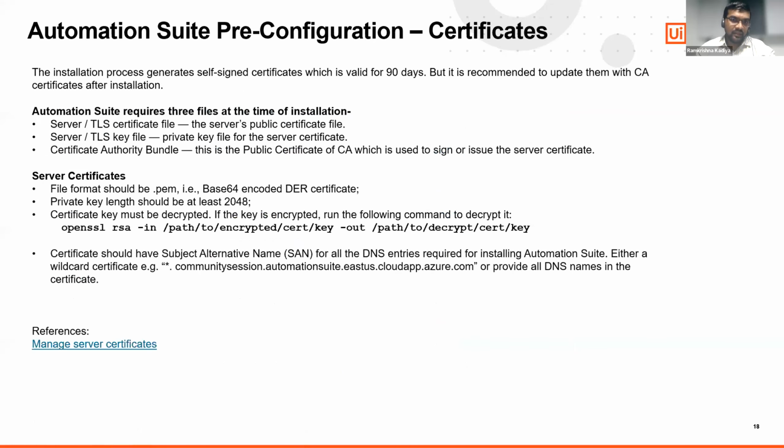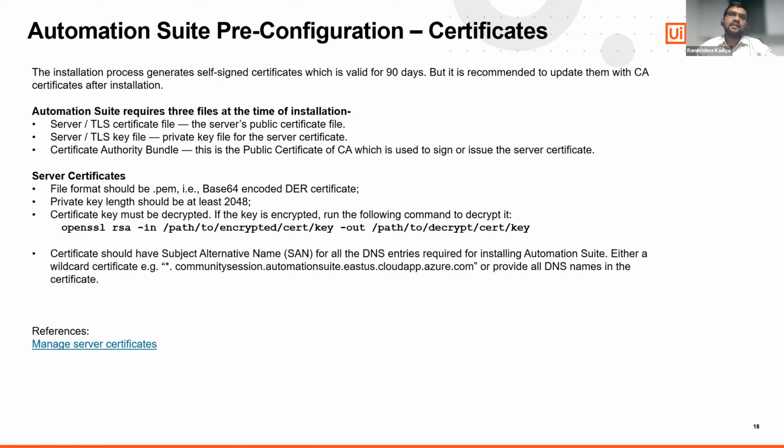Okay. Then the next requirement is the certificates. To enable secure communication between the server and the client, a certificate is required. When we install UiPath Automation Suite, our installer will create a self-signed certificate which will be valid for 90 days.